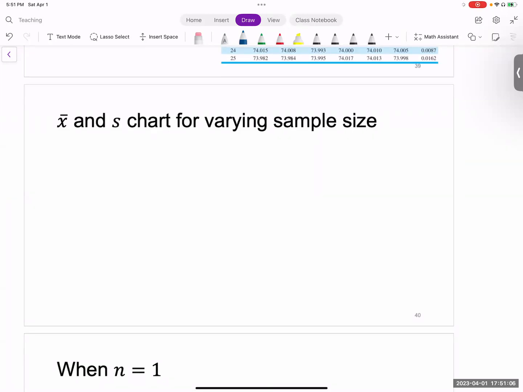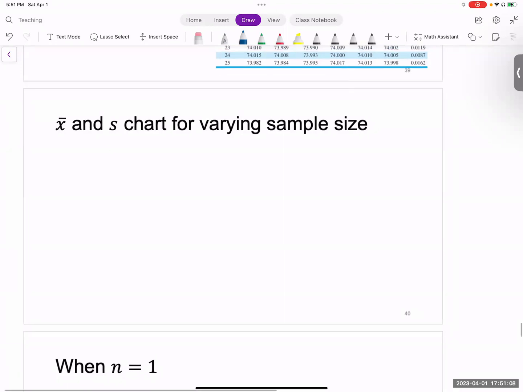We can compute a weighted sample average and a weighted sample standard deviation. For every sample, you calculate Xi bar, which is equal to 1 over Ni, summation of Xij, j equal to 1 to Ni. Instead of using N, I'm using Ni to indicate the sample size of that particular sample.